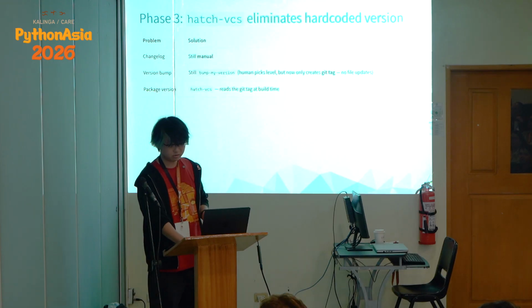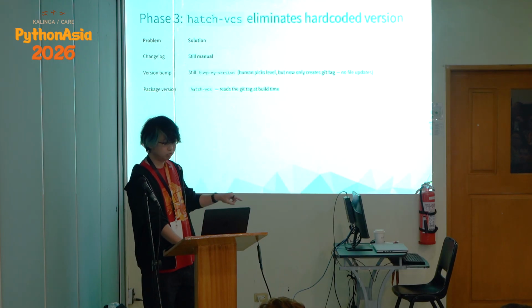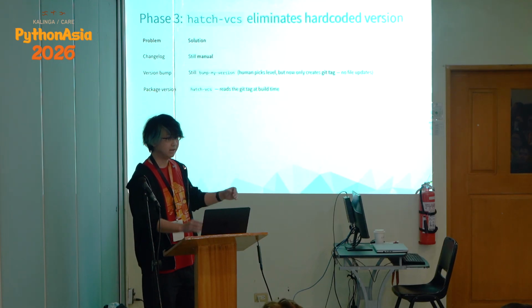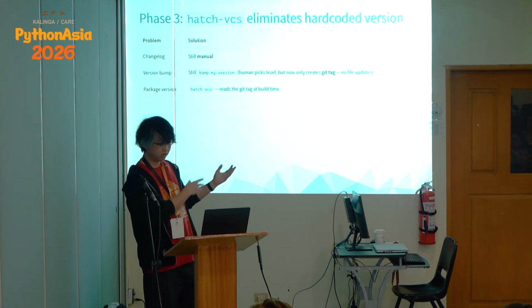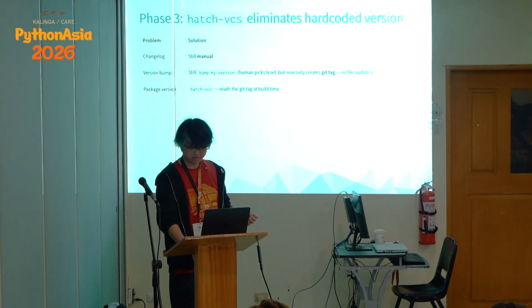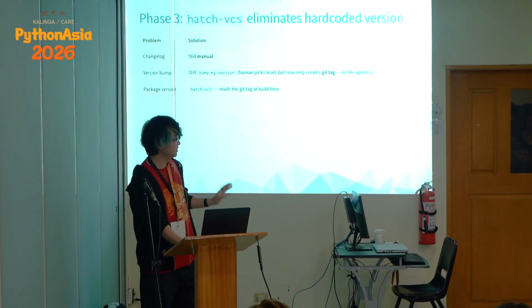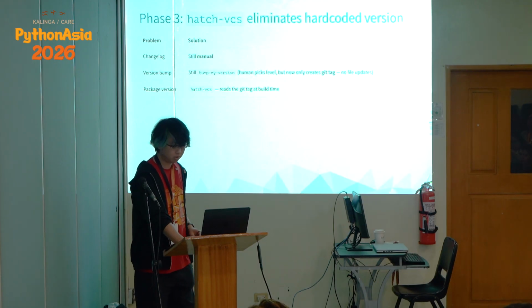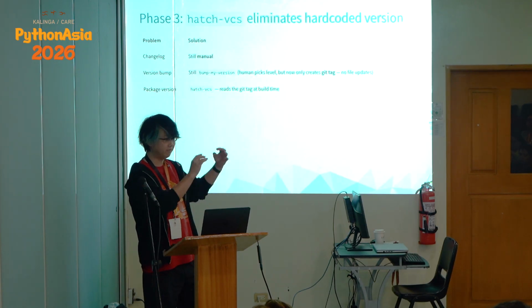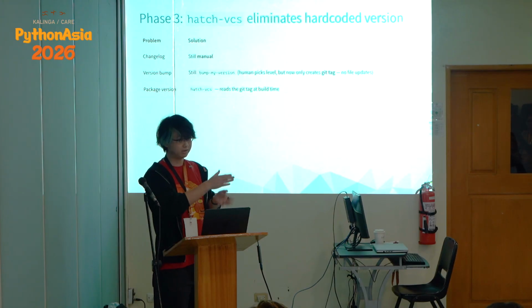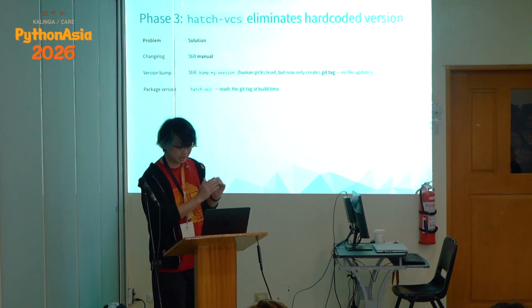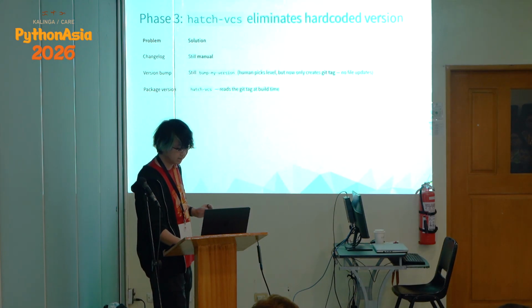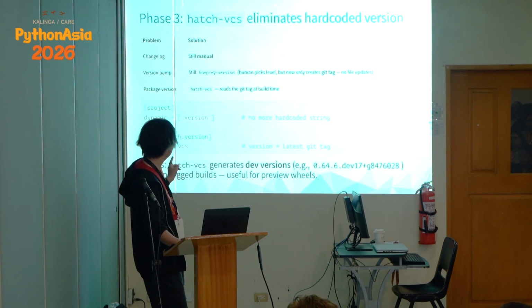So bump-my-version's job is now just to create a git tag in a formatted manner, and hatch-vcs does all the rest. Hatch-vcs also introduced a nice bonus for non-tagged builds, for example development builds that we get during development on the CI pull request thread. Hatch-vcs generates dev versions like 0.